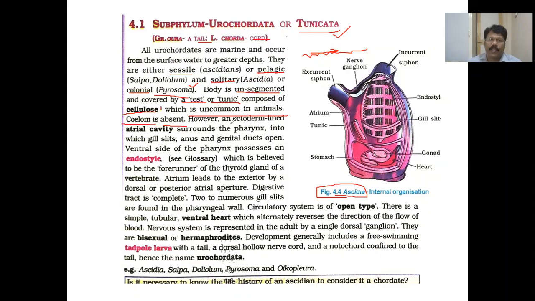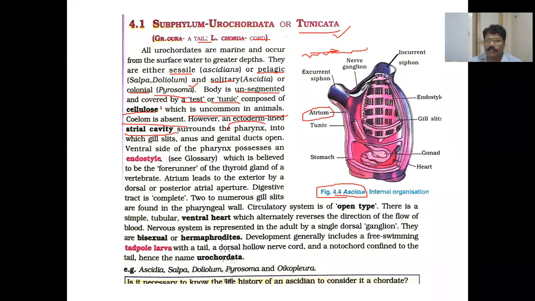But the atrial cavity is present. Atrial cavity means a cavity that surrounds the pharynx region. So this is known as the atrial cavity. So this is the atrium. And this is a cavity that is present around the pharynx.